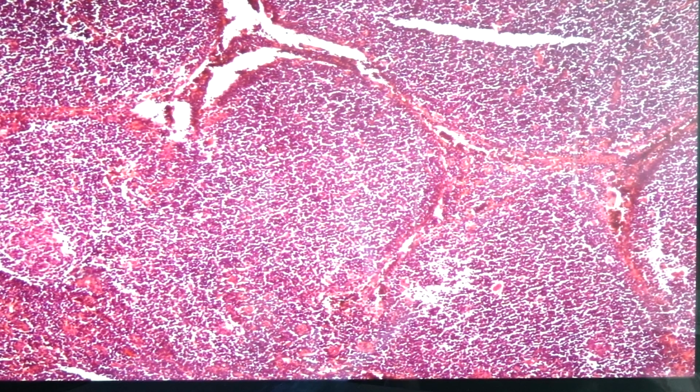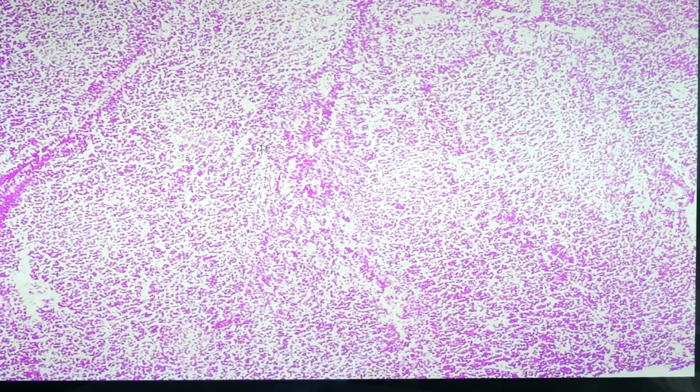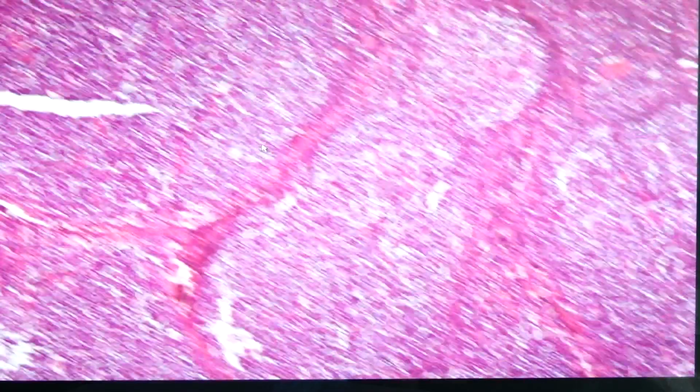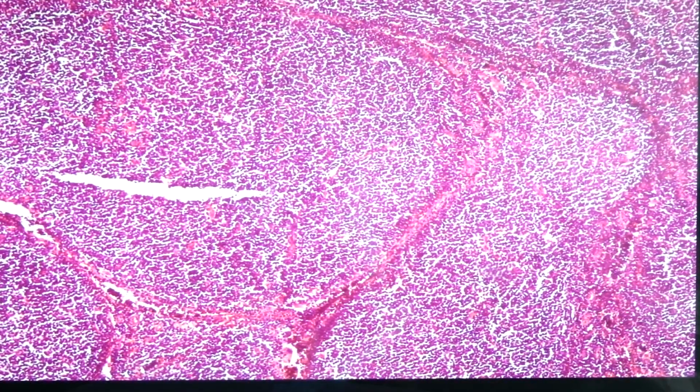Aside from that, we're going to do immunohistochemical stains for these cells. You would see that there would be an overexpression of Bcl2 within the follicle, within the germinal center.